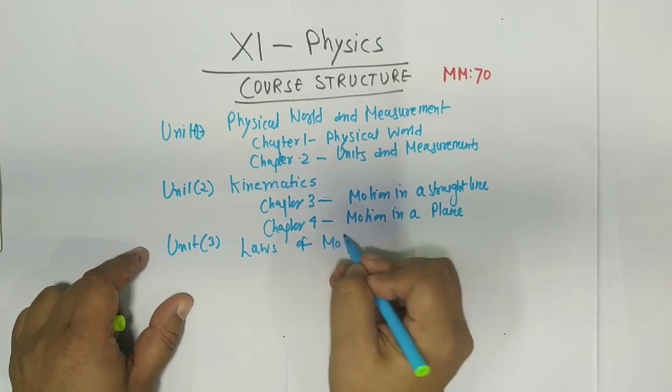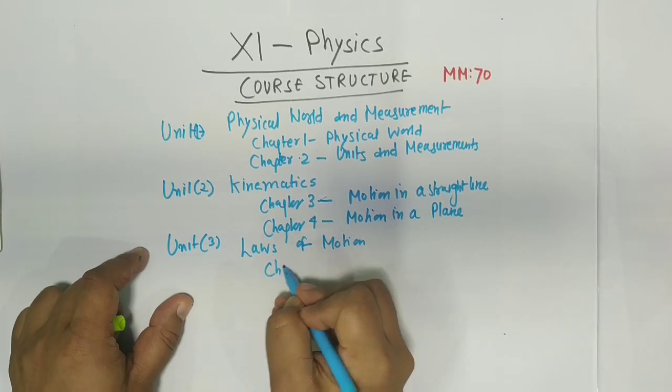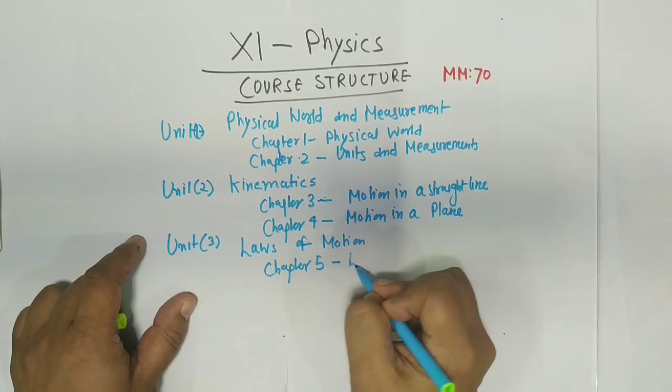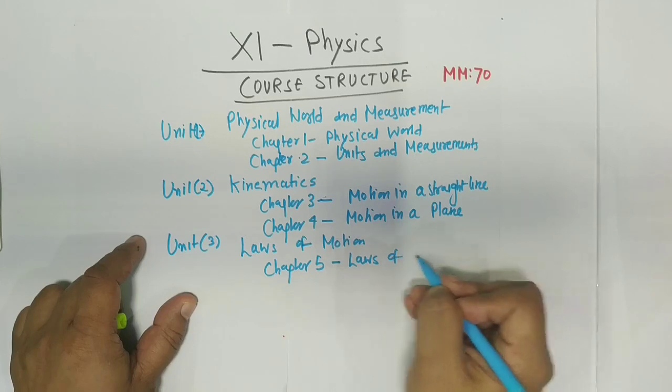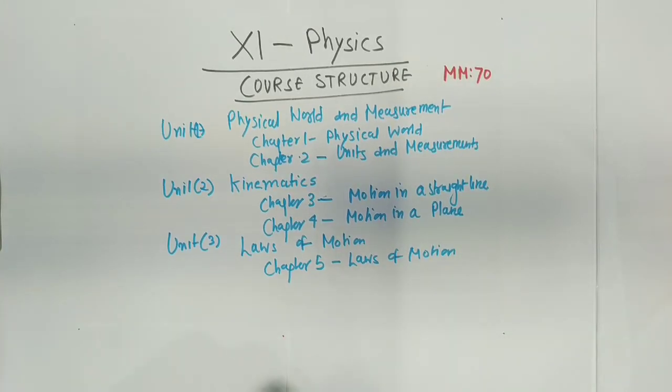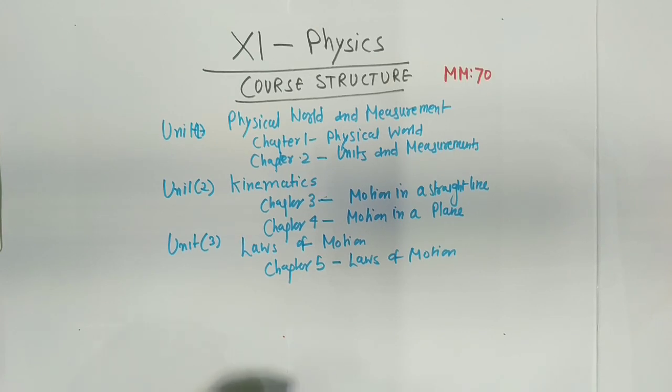Unit 3 is laws of motion. In this unit chapter number 5 comes, and that is laws of motion itself. So this unit has only one chapter. It's a big chapter. We will talk about friction and all these things in this chapter.